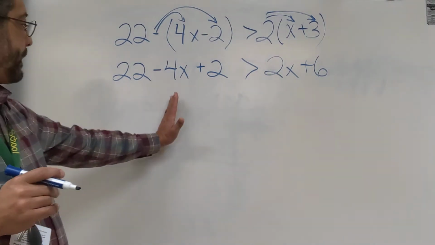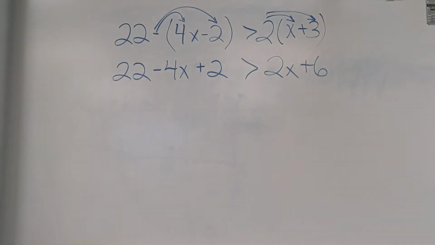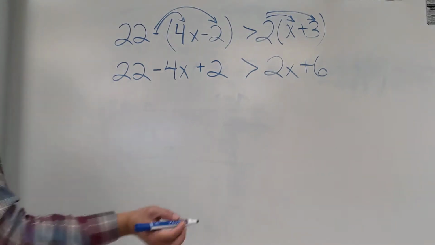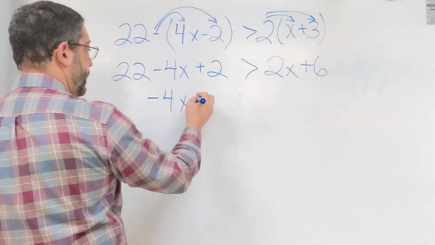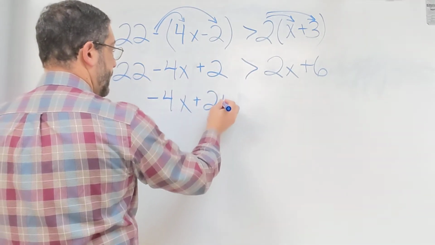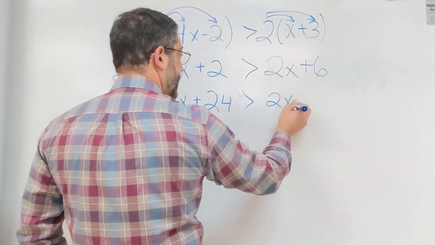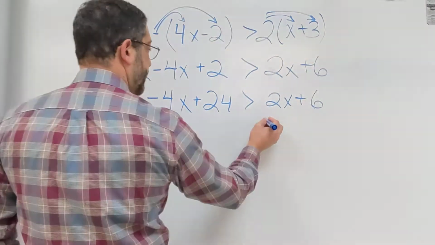Now if you notice on my left side of the inequality equation, I've got to combine my like terms. So I have 22 minus 4x plus 2. So when I combine my 22 and 2, that becomes negative 4x plus 24 is greater than 2x plus 6. So then I'll just subtract the 2x from both sides.